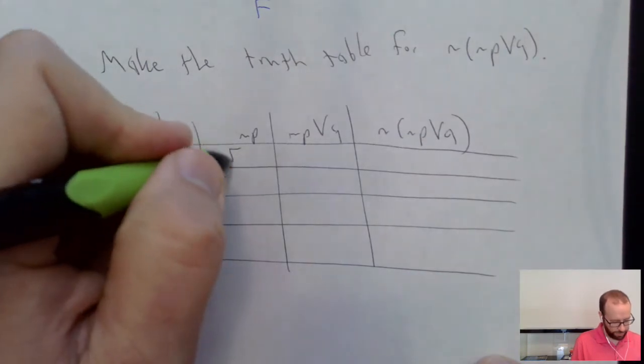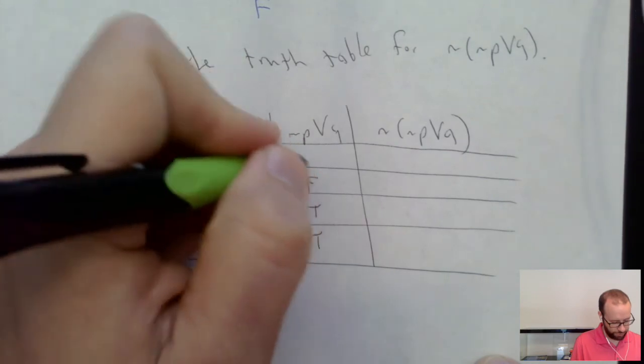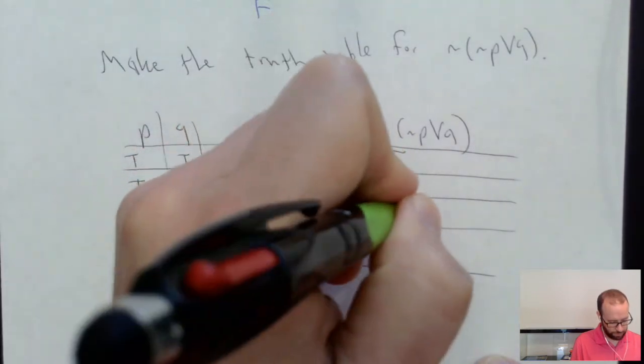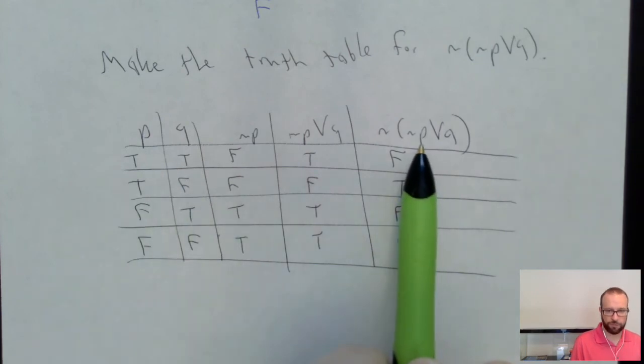And my goal is to make it so that this table will show me, given any two inputs, P and Q, what the value for this whole thing is.